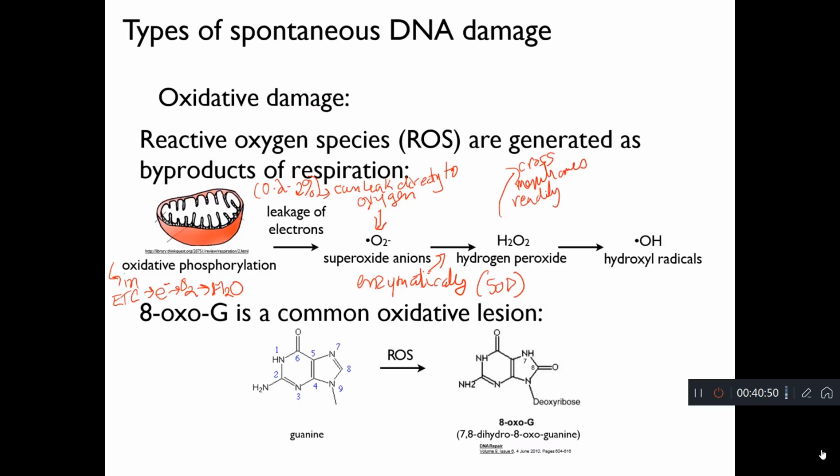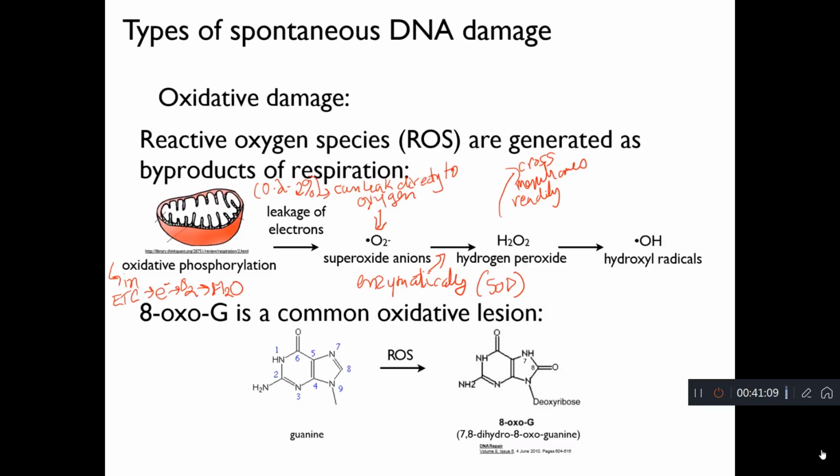So where the superoxide anion might be somewhat restricted to the mitochondria, where we really don't care all that much because we like our nuclear DNA more than we like our mitochondrial DNA, hydrogen peroxide is a little more freely diffusible.